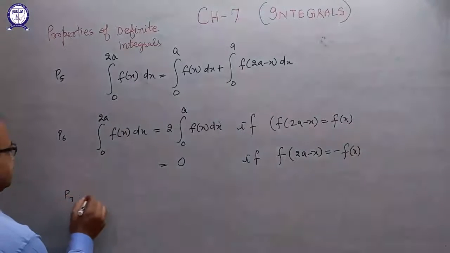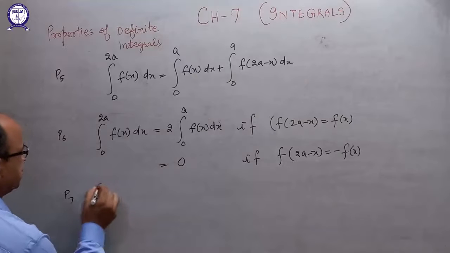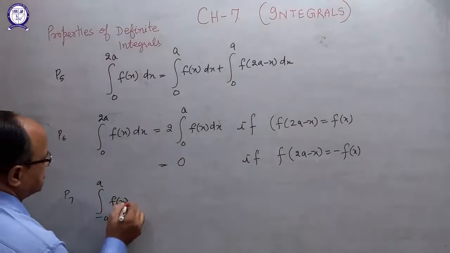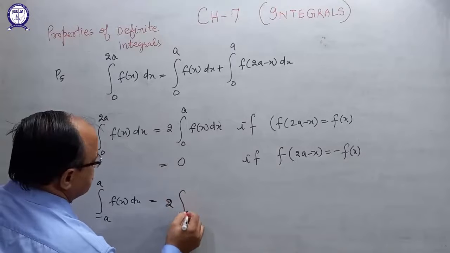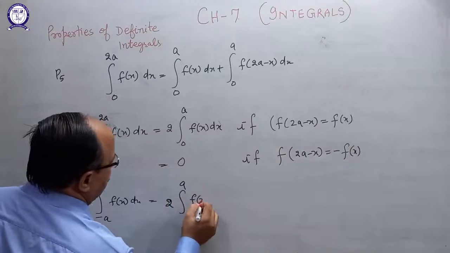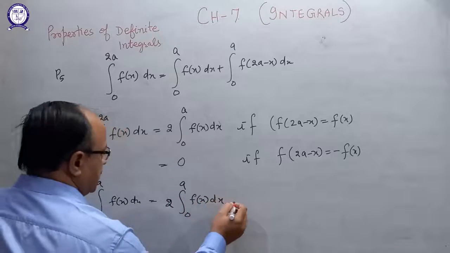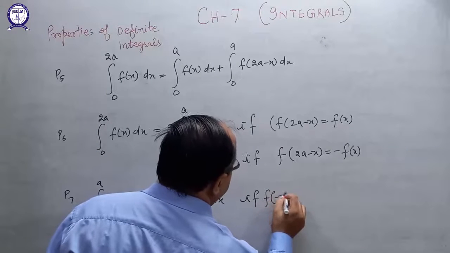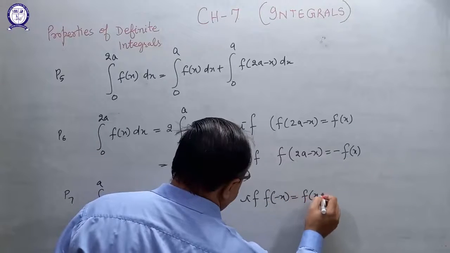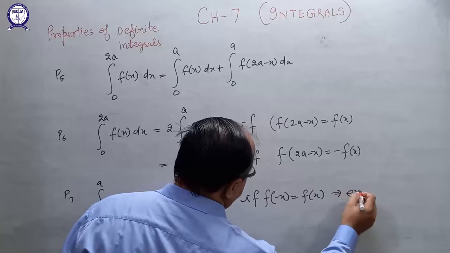And the property P7, that is integration minus a to a f of x dx, you can write twice 0 to a f of x dx if f of minus x is equal to f of x. It means this is an even function.